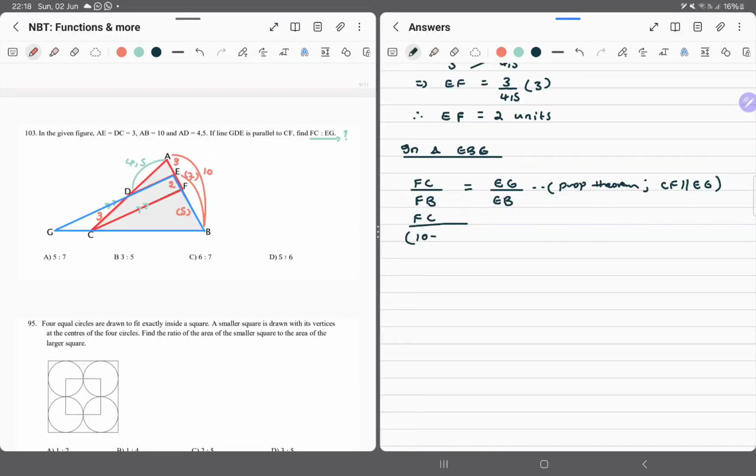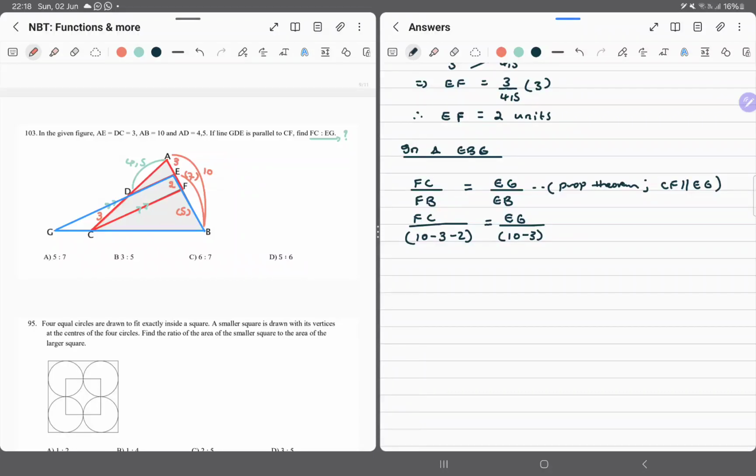This is 10 minus 3. Right? 10 minus 3 gives us EB. Then we subtract 2 is equal to, now this is going to be EG, which is what we want, over EB. Now EB is part of this business here. We were not able to do it as yet, so this is 10 minus 3.